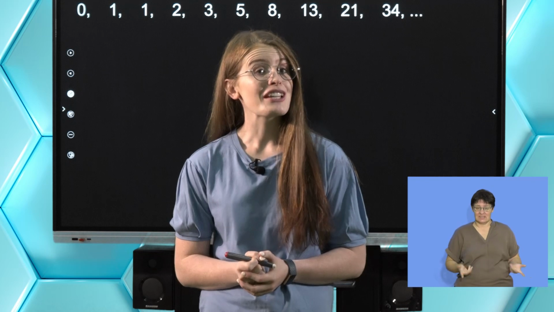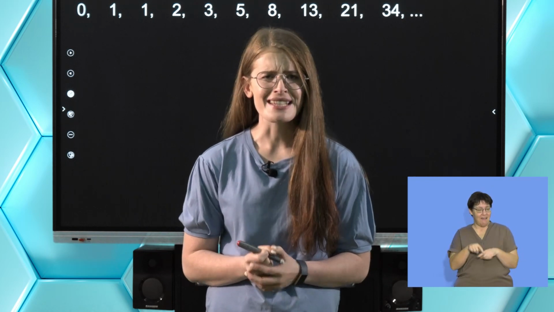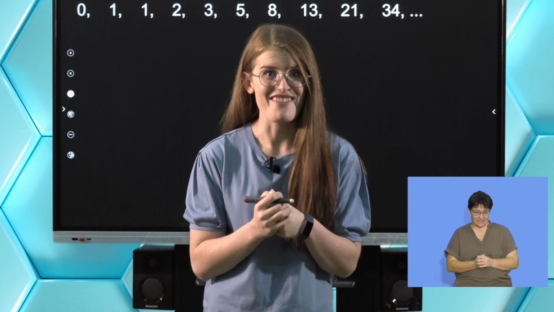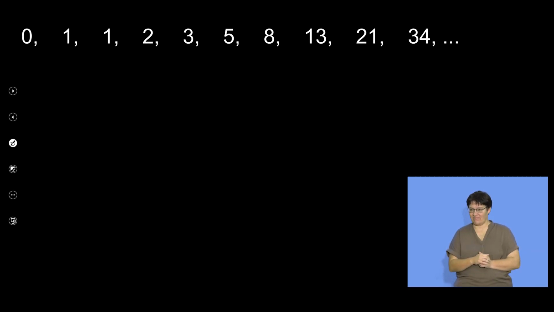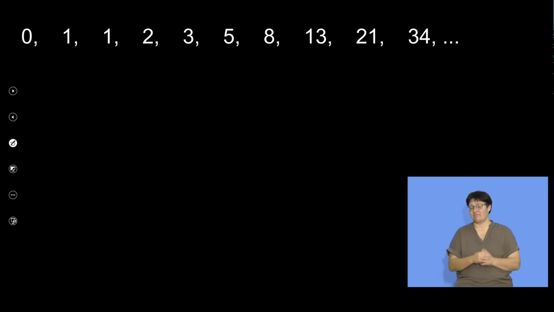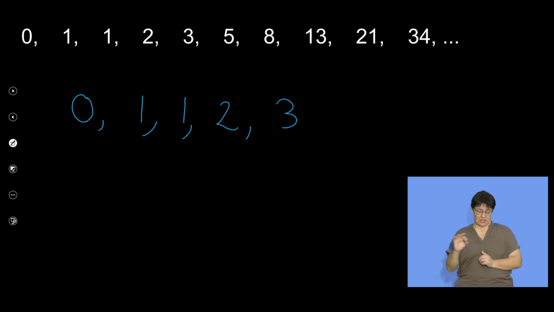We are now going to look at the board, and we are going to try and see if there's any sort of mathematical relationship that we can discover between these numbers. So let us have a look. If I'm looking at the first few numbers, so I have 0, 1, 1, 2, and 3.